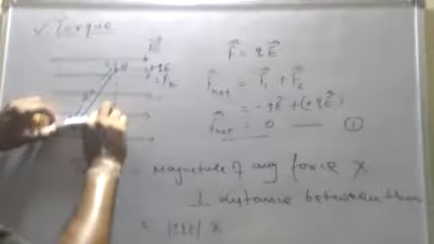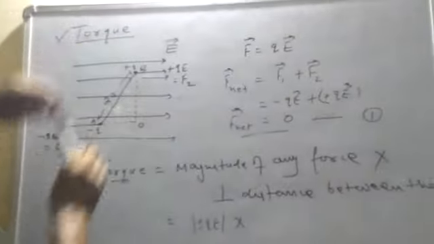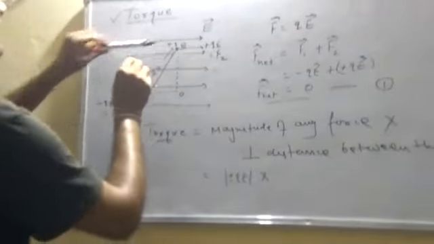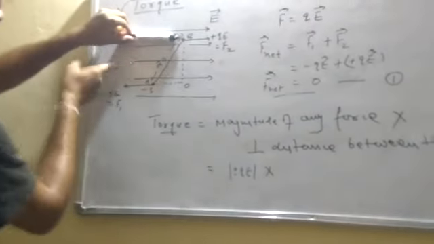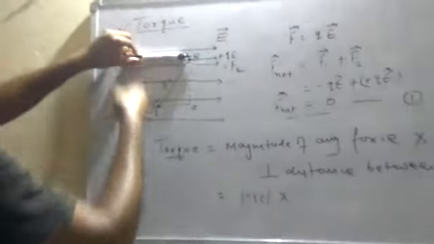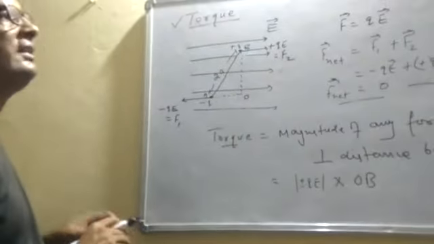So the perpendicular distance between them is this one, the normal distance, that is OB. I think it's clear.